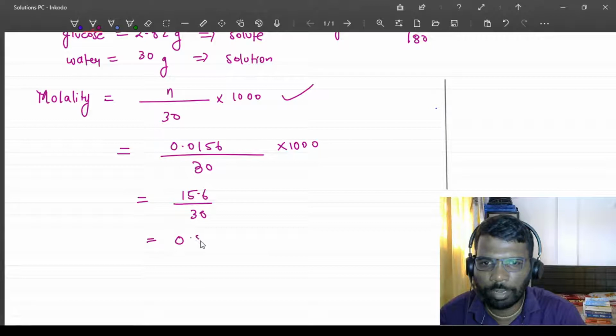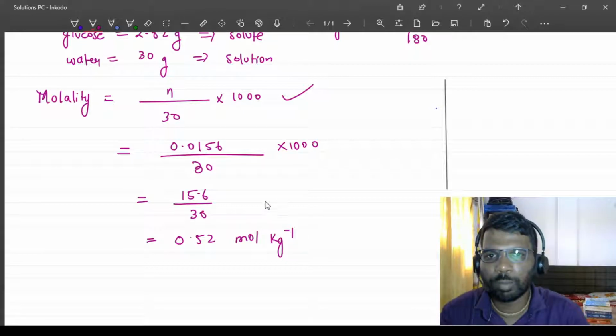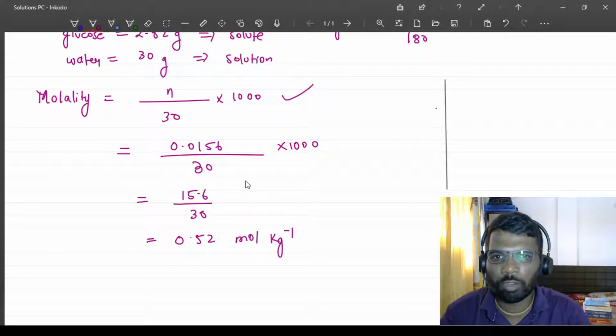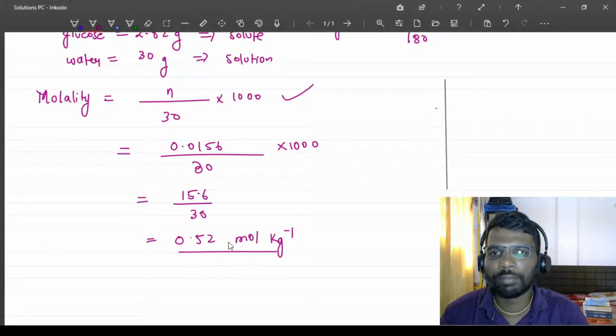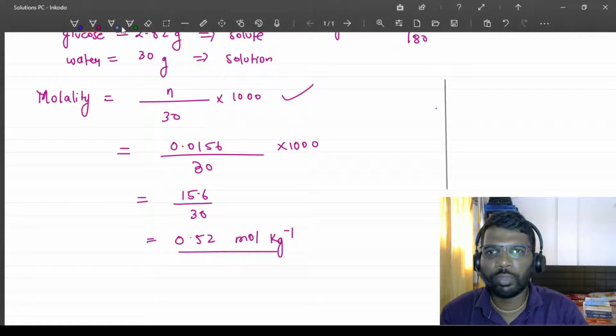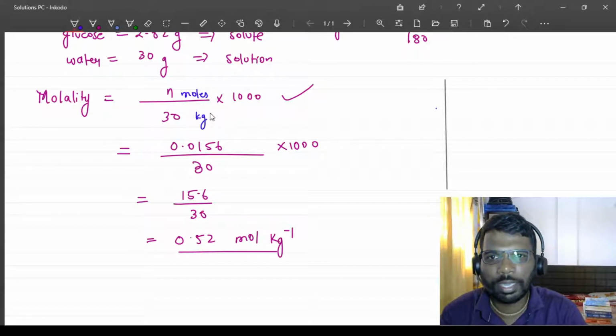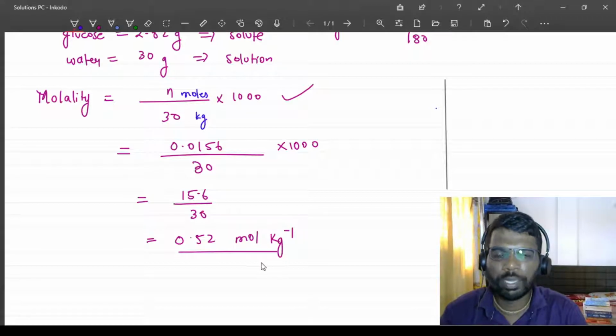The unit is moles per kg, which is the unit of molality, because in the numerator the unit is moles and in the denominator it is kg. So it is moles per kg.